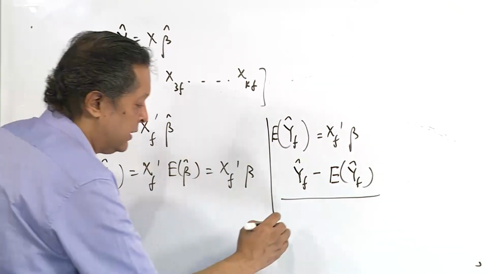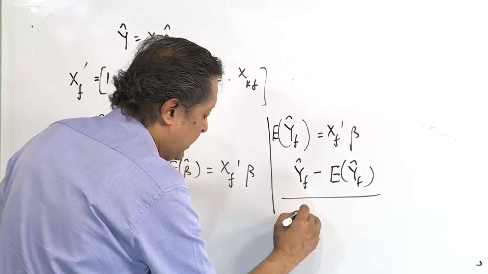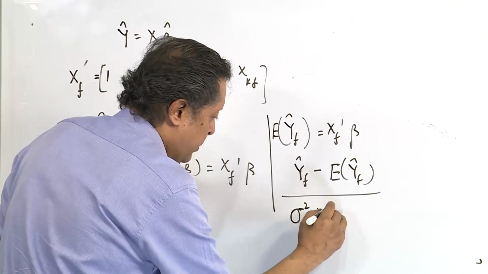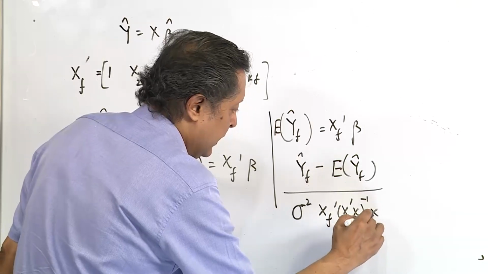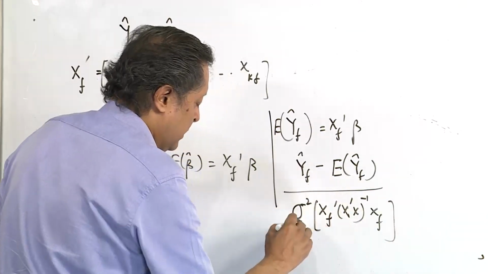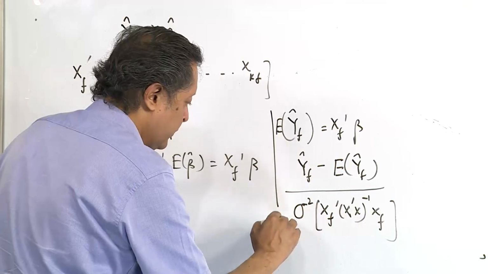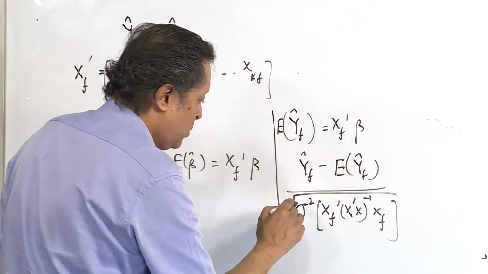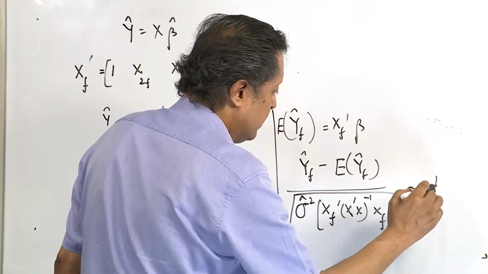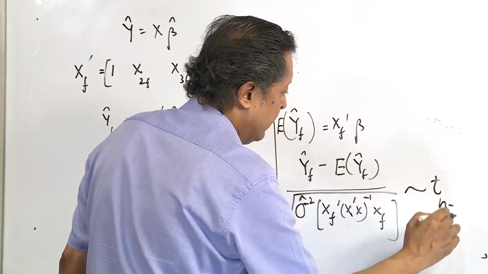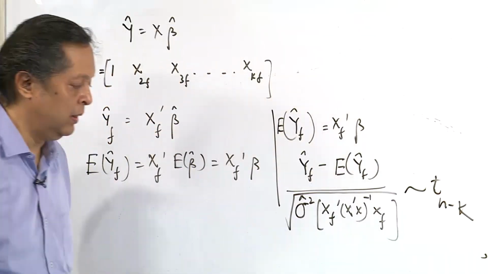What is the standard error? Sigma square x_f prime (X'X) inverse x_f, but the square root of this, and sigma square is estimated, that follows a t distribution with n minus k degrees of freedom.